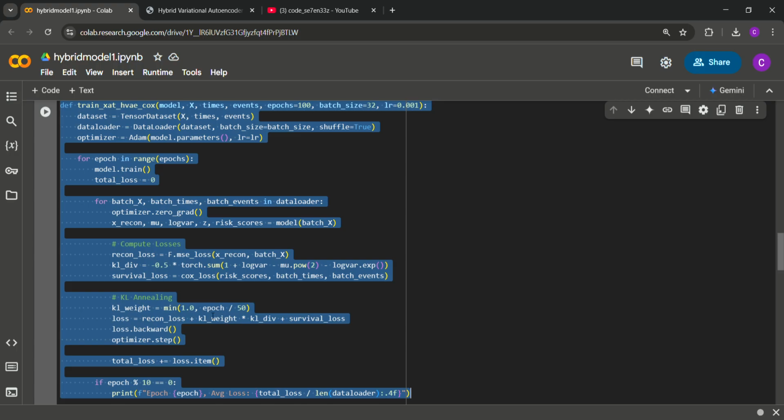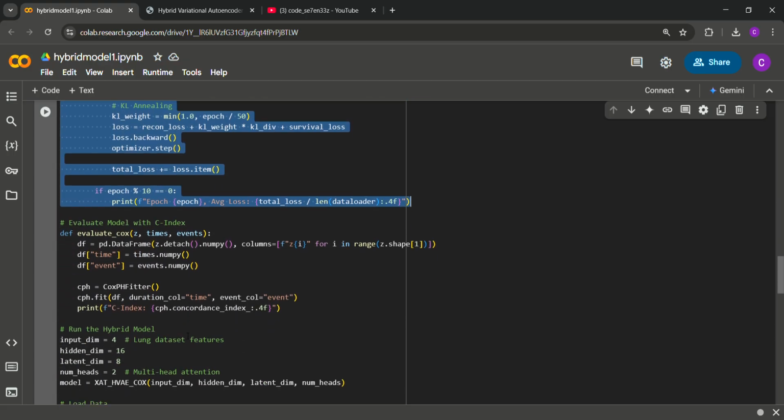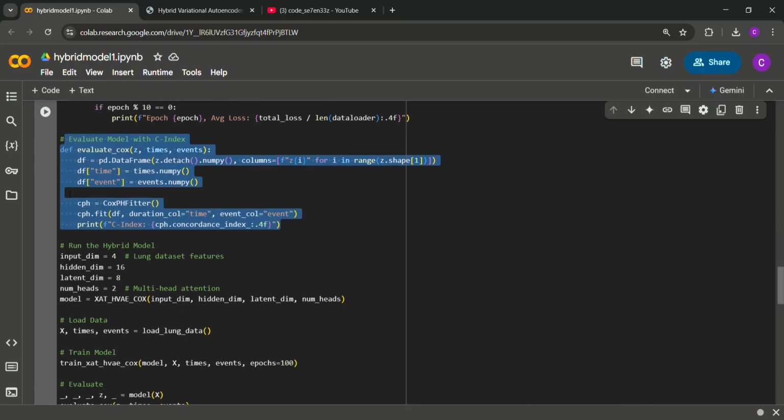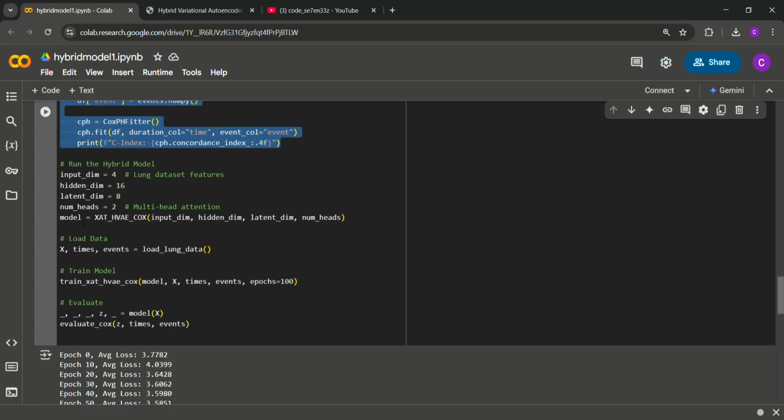Survival loss ensures proper risk score learning. Model evaluation. We evaluate the model using concordance index. The C index measures how well our model predicts survival ranking.